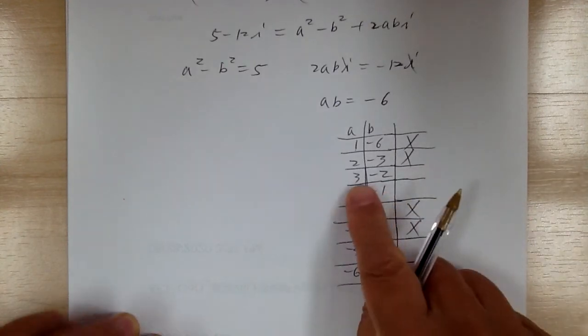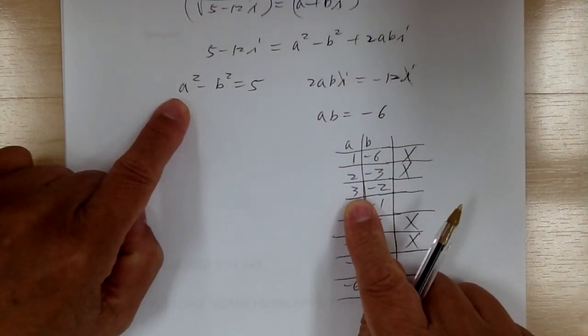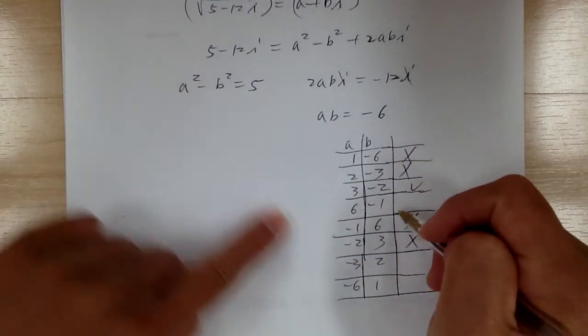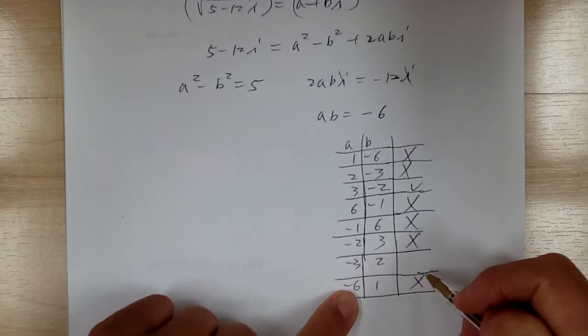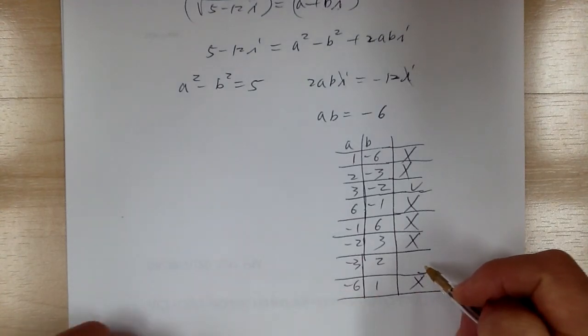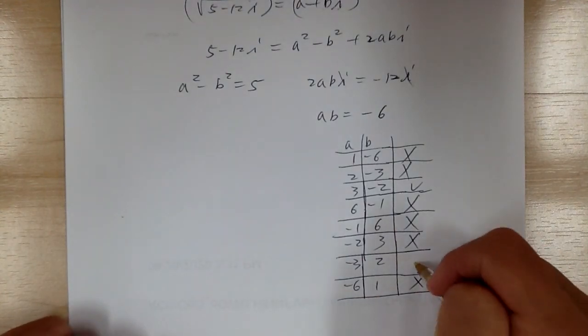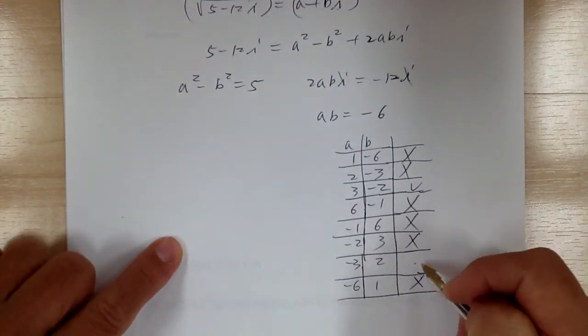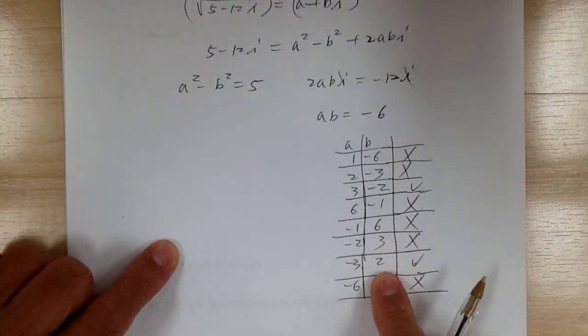Okay, so you try putting here. So 3 squared is 9 minus 4 is 5. So this one works. This one is no good, because 36 minus 1 gives you 35. Okay. But again, you've got to look at your numbers. So you've got to try out your numbers.